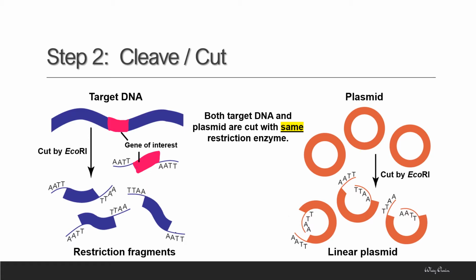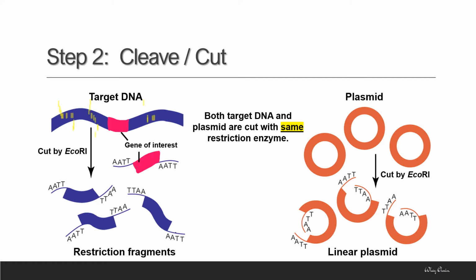After the isolation, both DNA will be cleaved or cut by a restriction enzyme. For example, the target DNA will be cut by EcoRI. And usually it has more than one restriction site that can be recognized by EcoRI.